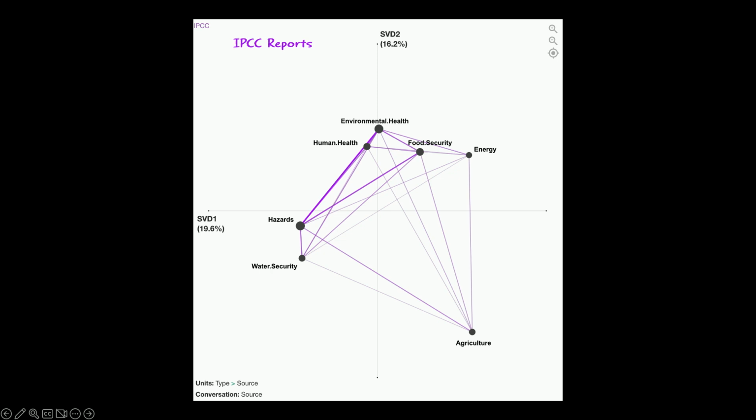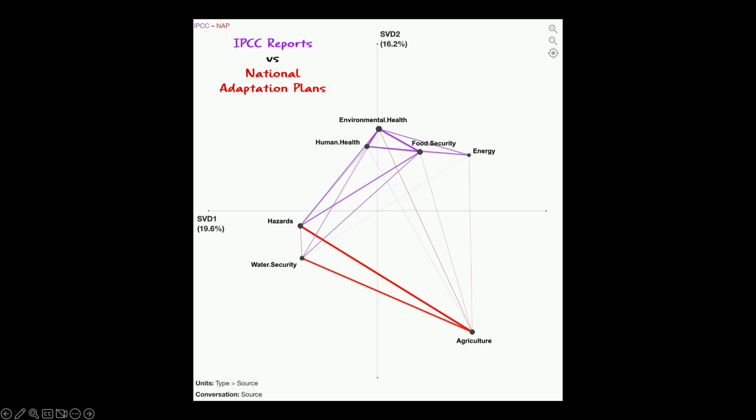But one of the things that you'll probably notice right away is that agriculture is connected to everything, but the strength of connection, which you can tell by the thickness and darkness of the lines, is a lot weaker in those plans. And if we look at those reports, which really are aimed at national governments, so they're aimed at that scale, and compare that network with the mean network for the national adaptation plans, they're pretty different.